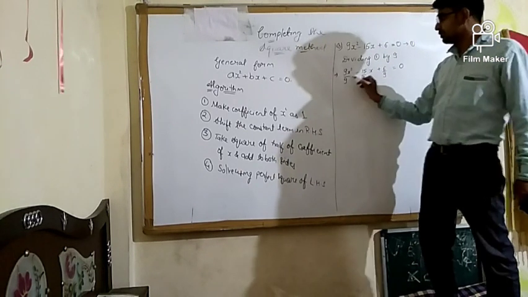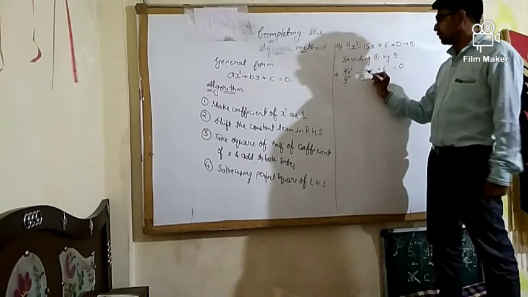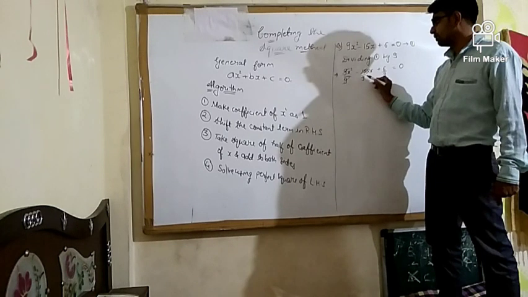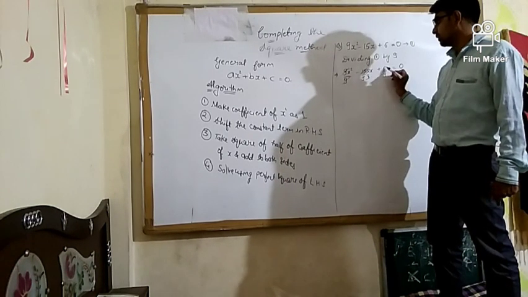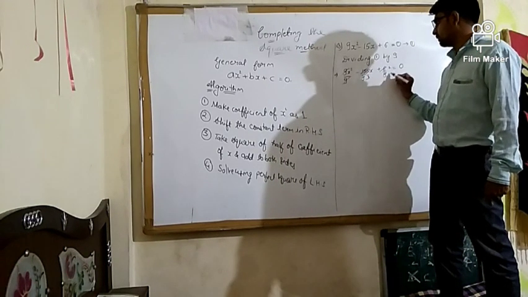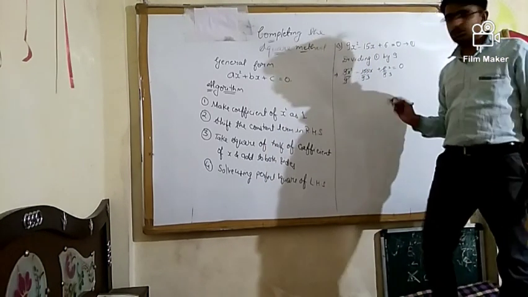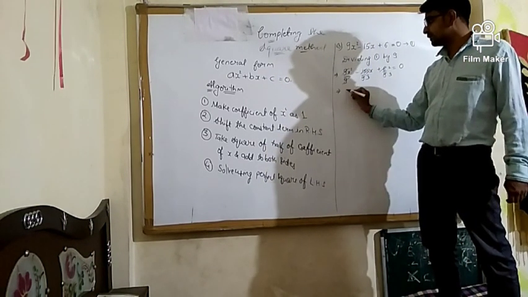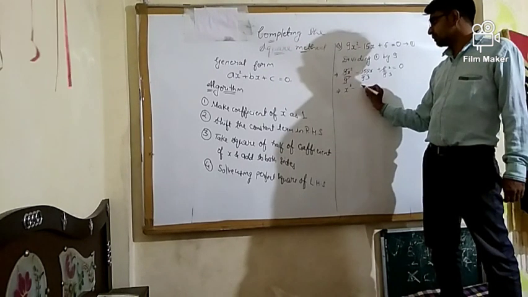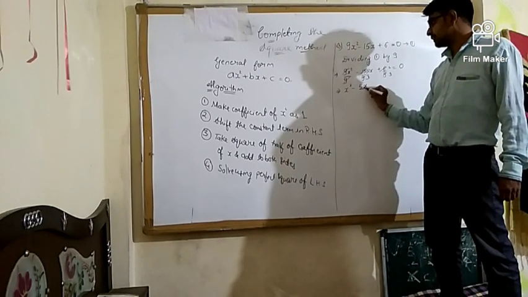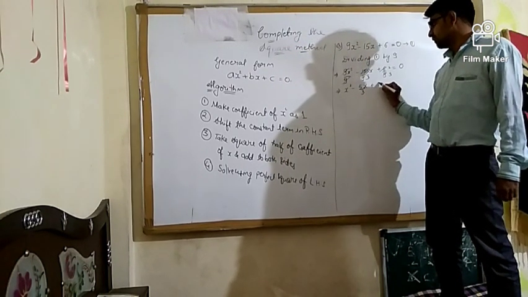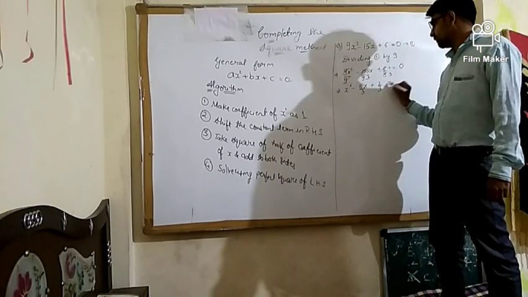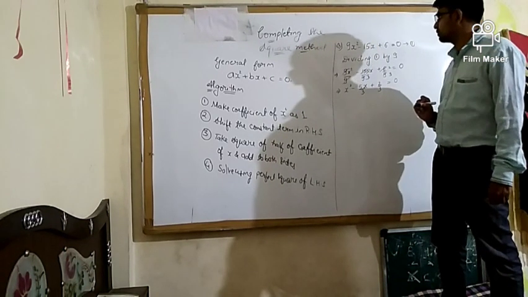The 9 cancels out. You can cancel 15 by 9 by 3, you get 5 by 3. This also by 3, so you will get 2 by 3. So what I have obtained is x square minus 5x by 3 plus 2 by 3 is equal to 0.